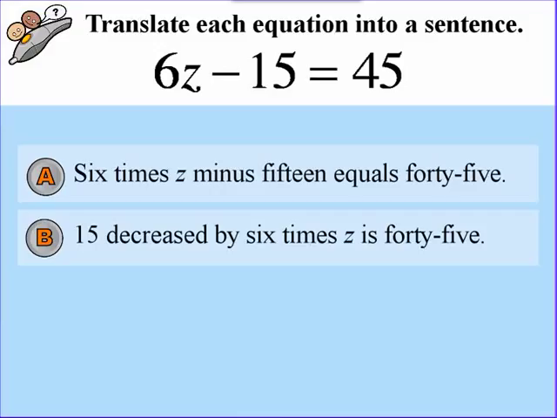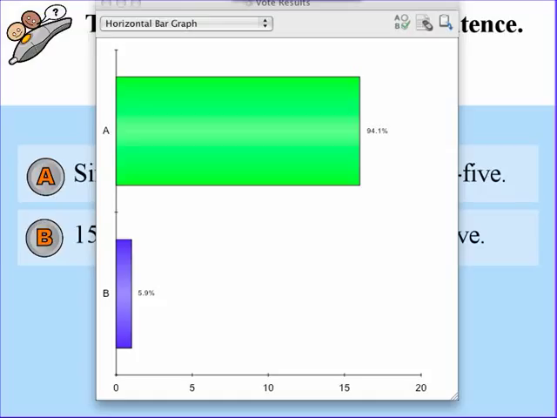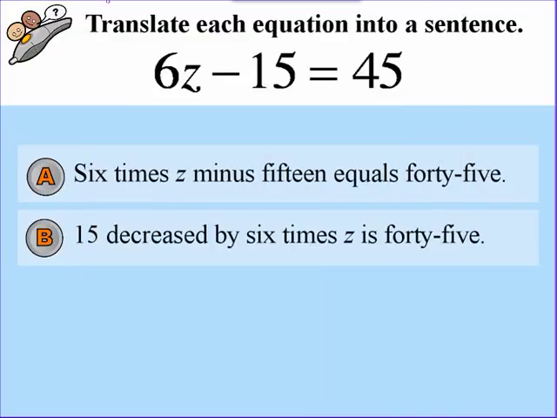The answer is A, good. Let's think about that. What would the difference be on B? How would I write B? It'd be 15 decreased by 6z is 45. So that's the difference between the two.